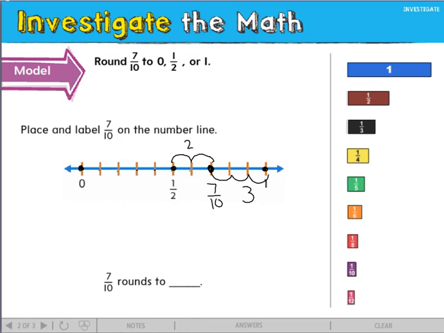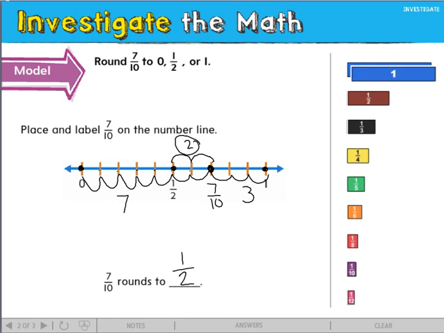And if I go all the way over to 0, 1, 2, 3, 4, 5, 6, 7. So which one is it closest to? It's only 2 spots away from 1/2. So it is closest to 1/2. So 7/10 will round to 1/2.